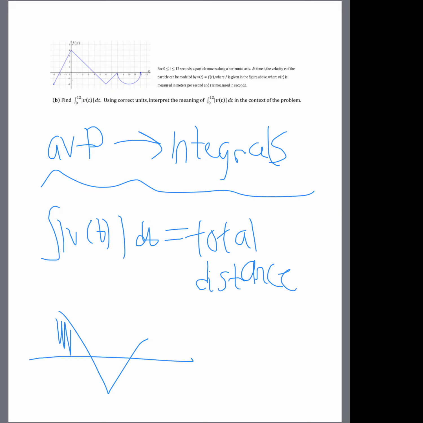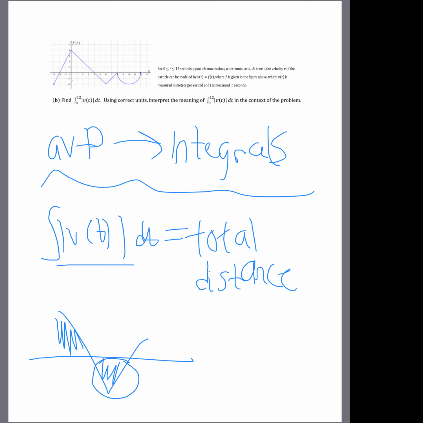This is a distance altogether, but then this is a negative distance, like you're going back, essentially. You're turning directions, but that doesn't mean that you're not still traveling. So by taking the absolute value, you're making sure that you're accounting for this distance here that is negative, but it's still real miles that you're traveling. So you need to include that. That's what the absolute value does.